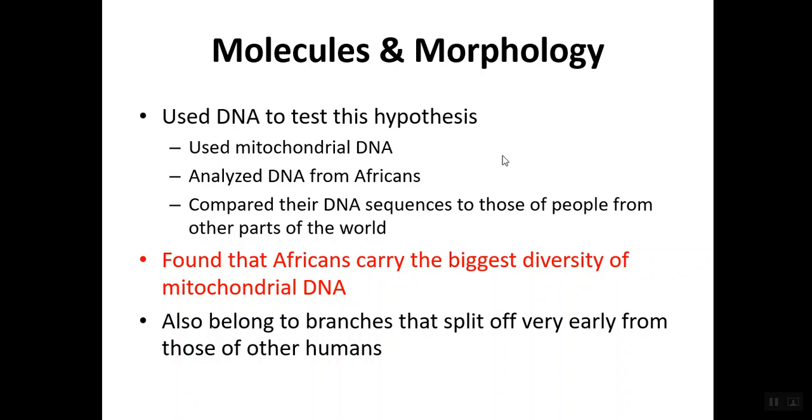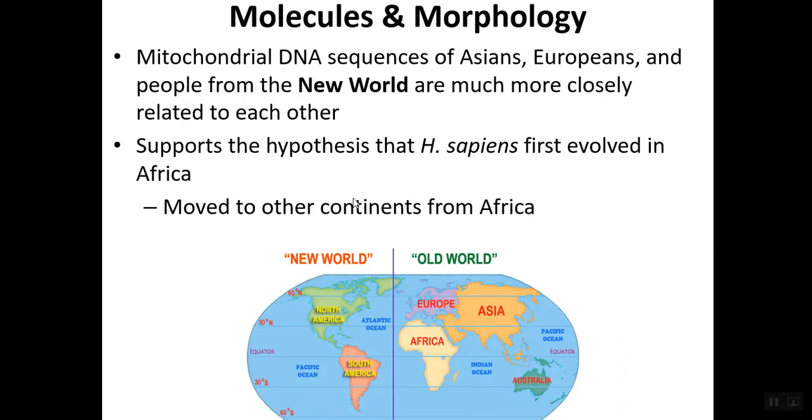And so this is evidence that in fact Homo sapiens was born in Africa. Okay, and so mitochondrial DNA again has been useful to understand the history of Homo sapiens, and that it appeared in Africa and started migrating out.